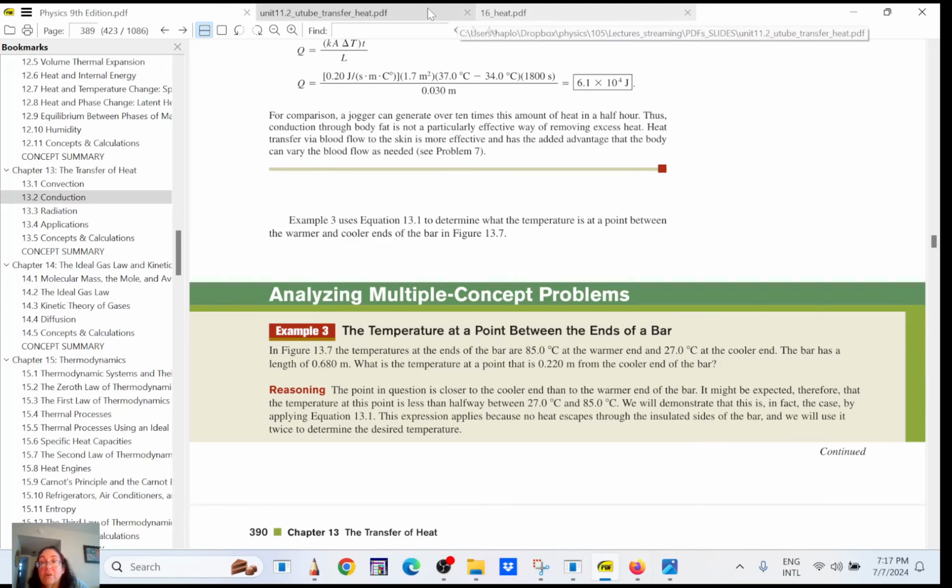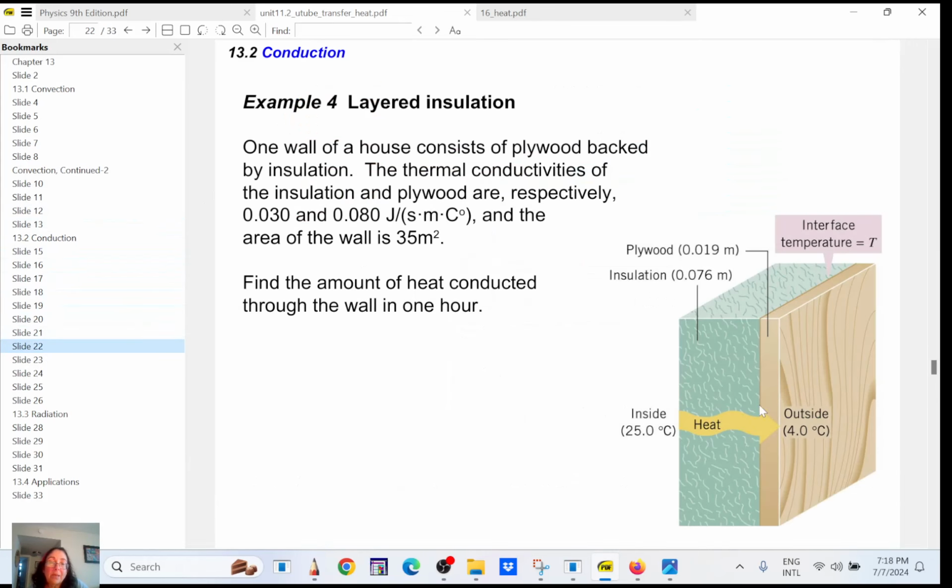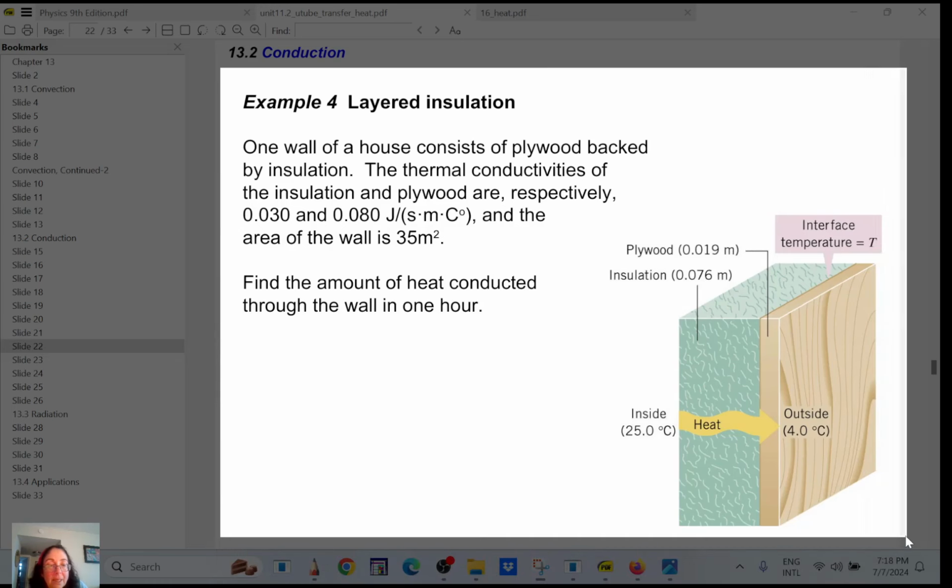Okay, so let's move on. The next problem also comes from your book, so you can pause the video and try to answer. Once you understand how it works, those problems are not that hard.